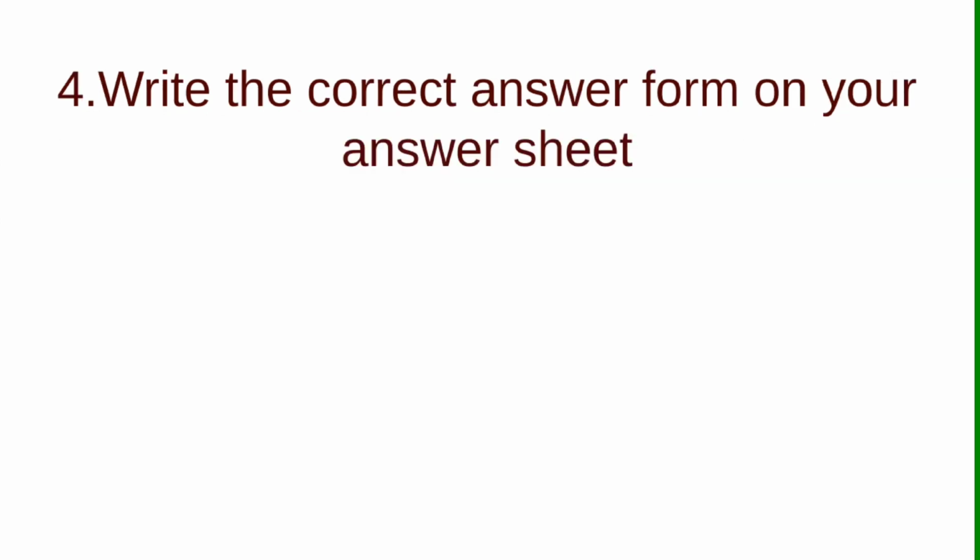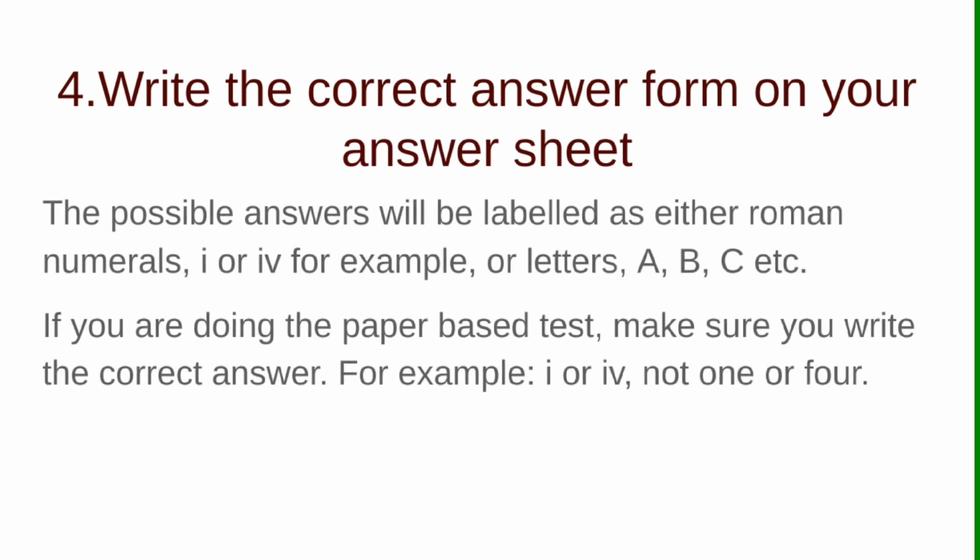Tip number 4. If you're doing the paper-based test, write the correct answer form on your answer sheet. So as we've seen, the possible answers will be labelled as either Roman numerals, 1 or 4 for example, or letters A, B, C, etc. If you're doing the paper-based test, make sure you write the correct answer.